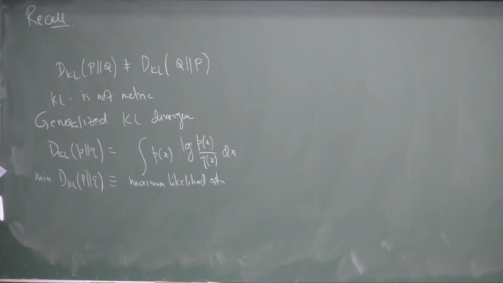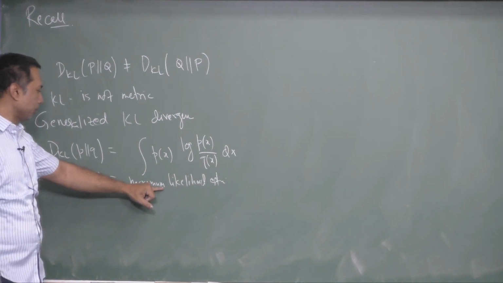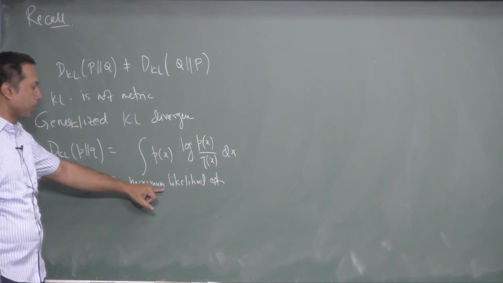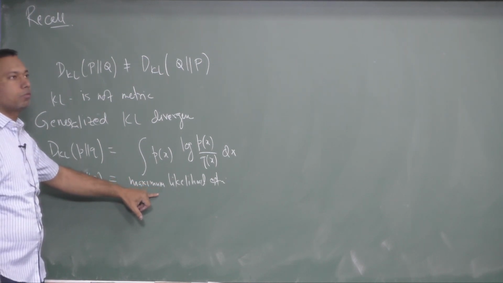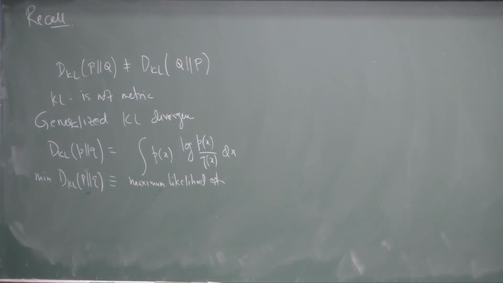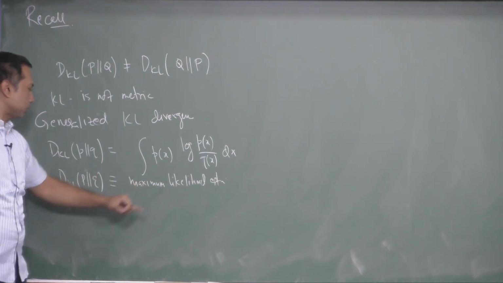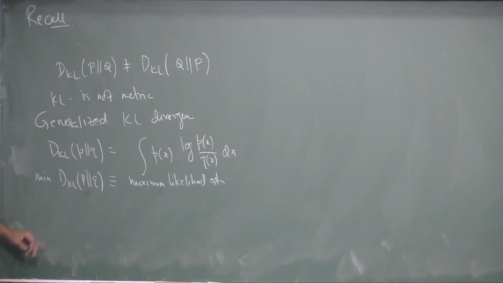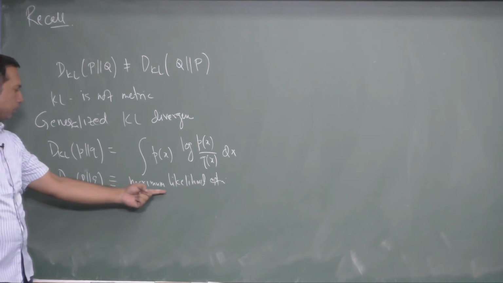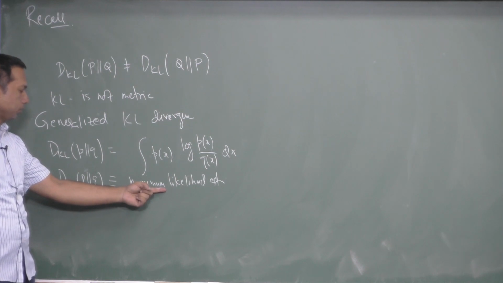So one of our goals in generative modeling is estimating the density from given data. If I have given data, I can fit a distribution, and that's what maximum likelihood means. But maximum likelihood estimation as such does not give much that is interesting here.